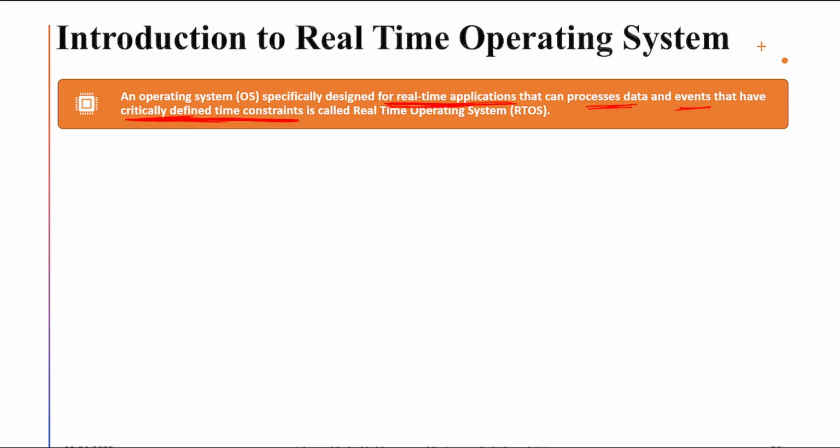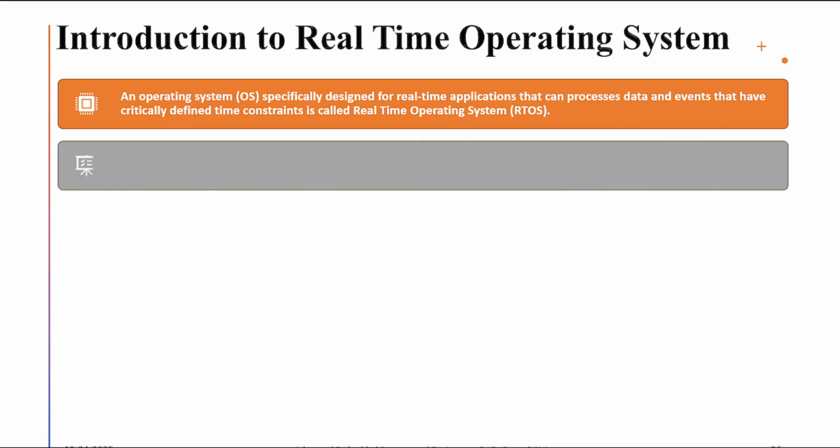So unless there are time constraints related to a particular project or system, one shall not go for an RTOS. And definitely if he is opting for an RTOS, then the system or the design must be very critically defined for time constraints.